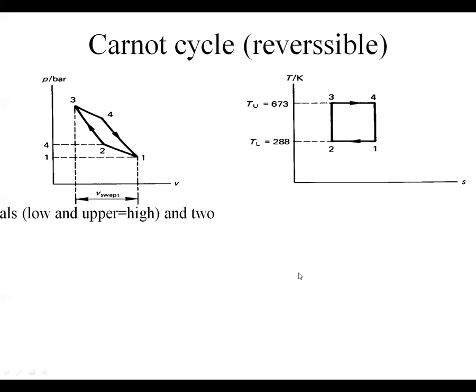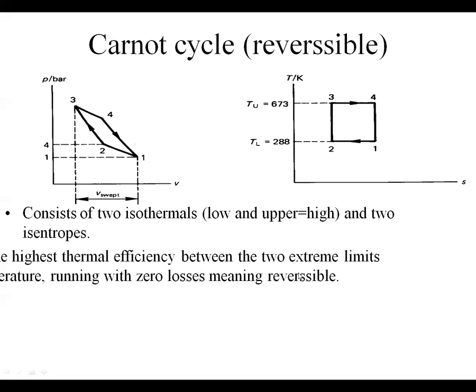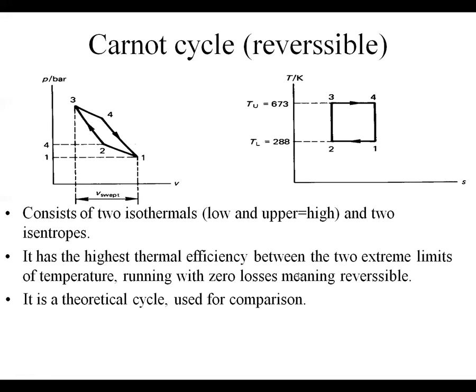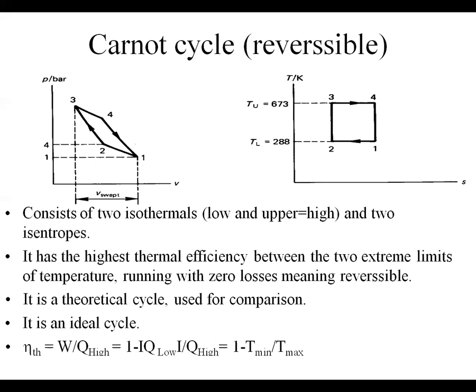Can I continue? Yes, of course. So it is a theoretical cycle, and it is used only for comparison. It is an ideal cycle because in reality nobody can realize it. And remember, the efficiency has a very nice formula: 1 minus the ratio of the minimum and the maximum temperature expressed in Kelvin.